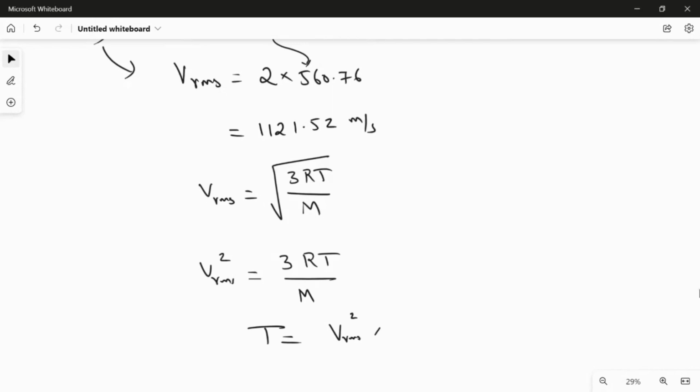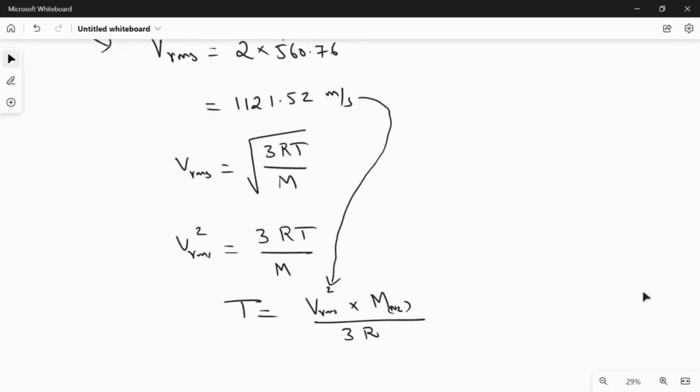VRMS squared multiplied by the molar mass of nitrogen over 3 times R. This time I am going to take this VRMS and substitute it here. Clear?